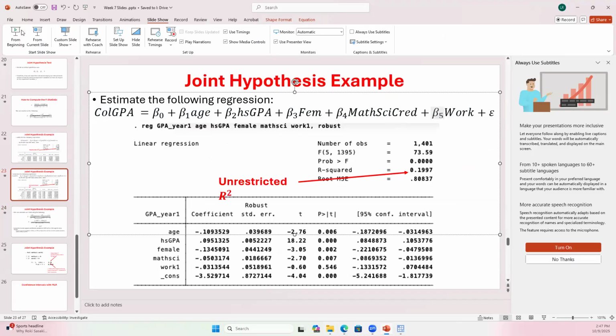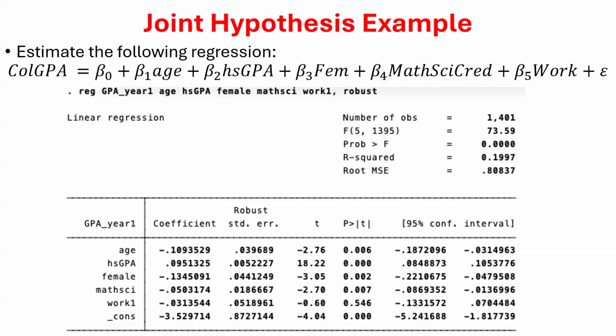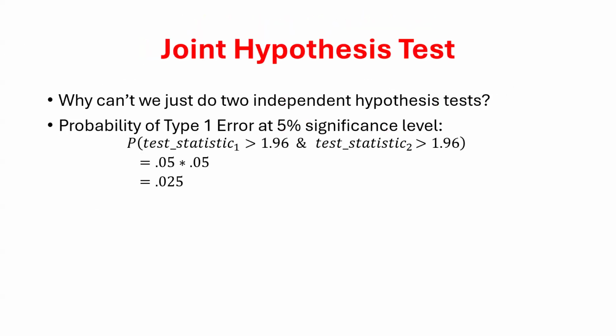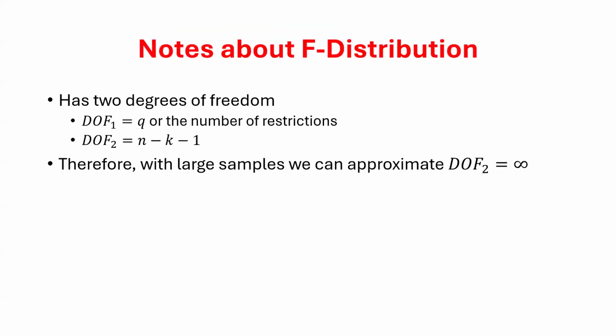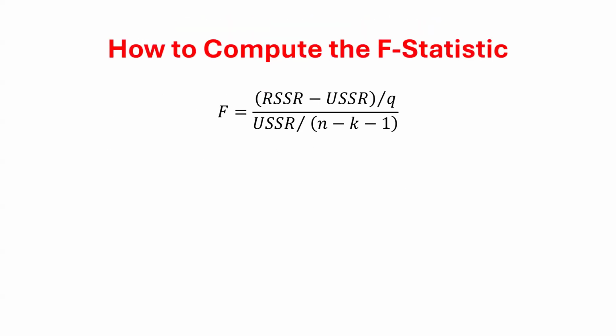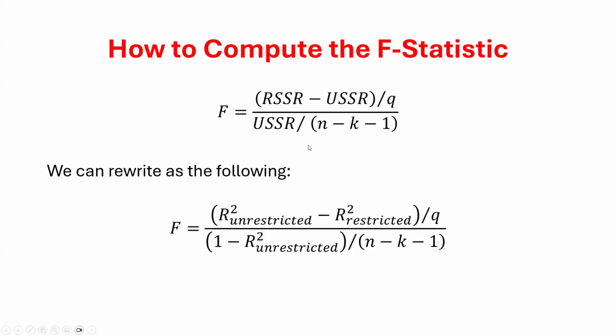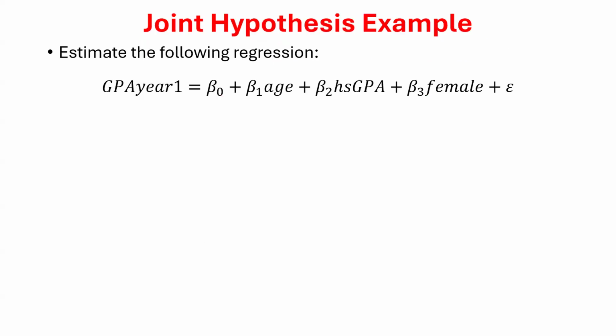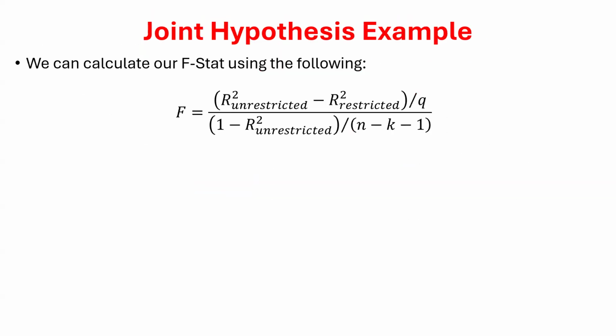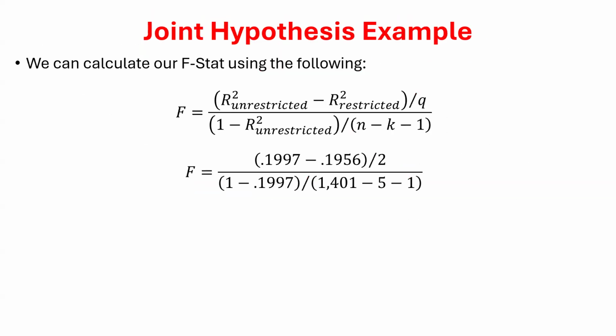That's the number of variables that you have. So we go back. There it is. We've got our unrestricted R squared, we've got our restricted R squared, we've got Q and K. I could actually calculate my F statistic by hand, okay? So if I wanted to do that, let's take that equation, plug all those values in we just found, and I get an F statistic of about 3.57.